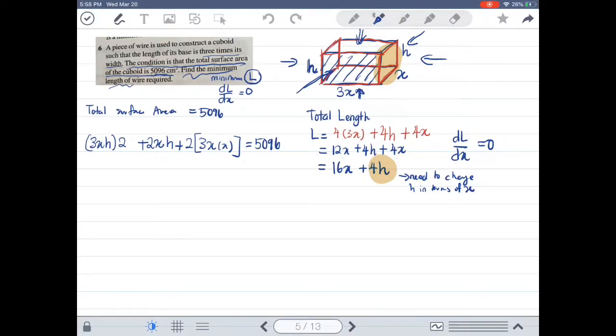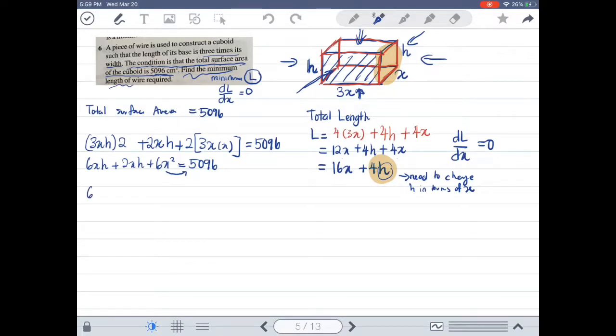Now we simplify the equation. So 3 times 2 is 6xh plus 2xh plus 6x squared is equals to 5096. And we want to make h the subject, so we move 6x squared to the right hand side.